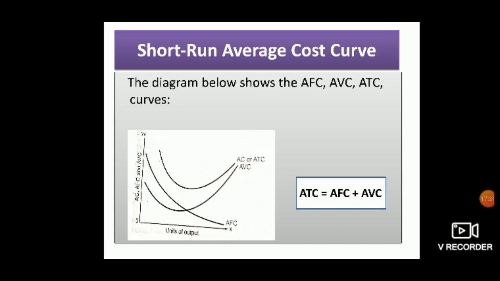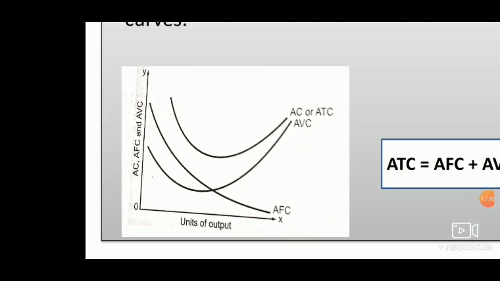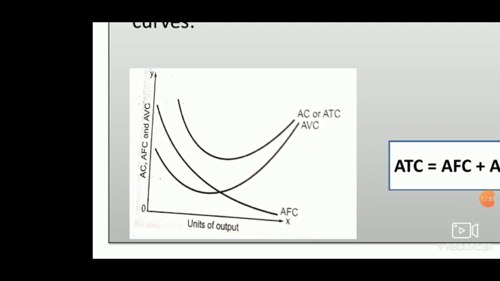The behavior of the average total cost curve depends upon the behavior of average variable cost and average fixed cost. In the beginning, both AVC and AFC curves fall. You can see clearly.